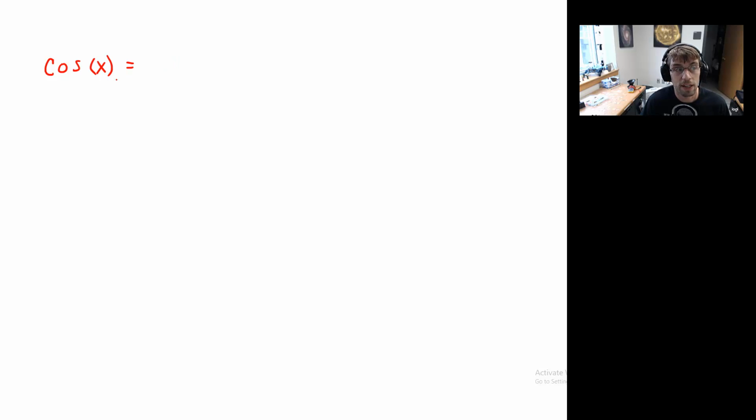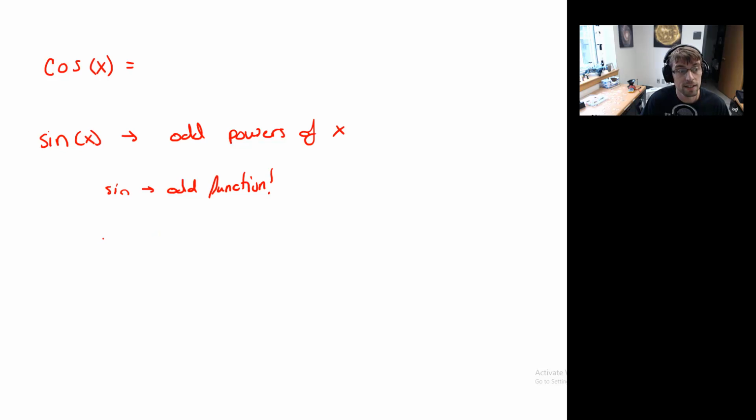So cosine of x. You'll notice when we did the sine of x, it contained only odd powers of x. Sometimes we refer, I mean, this should make some sense. Sine is an odd function. What that means is that if you take sine of negative x, that equals negative sine of x.